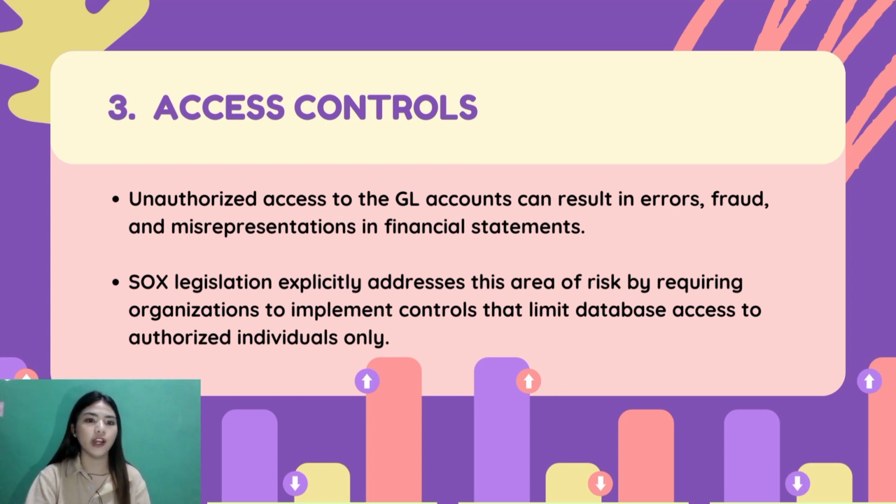So, no unauthorized individuals are allowed. So that's why SOX legislation implement controls that limit database access to authorized individuals only. So only authorized personnel can access and manipulate critical financial data.